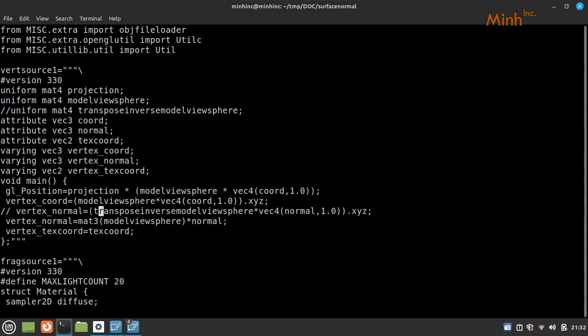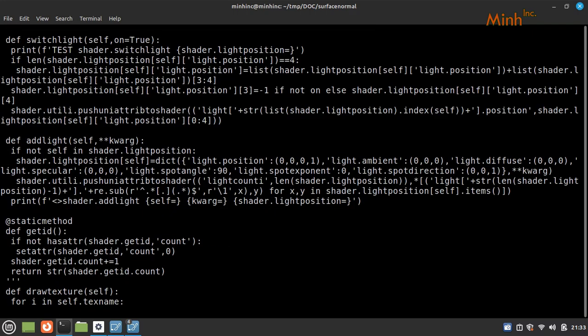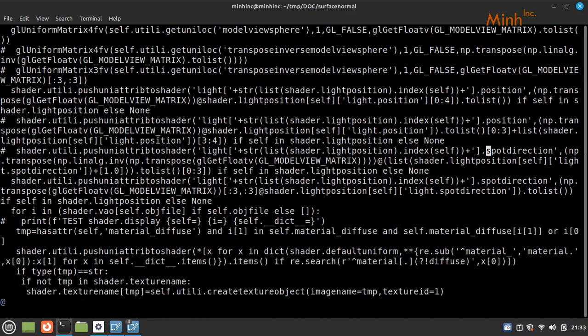Can we see this? Mat3. Whatever model view transformation we are receiving for the vertex, the vertex is transformed by the model view, and the same we do, we just take out the top three. And for the spot direction in the Python code, whatever we do, we transpose anyway because OpenGL stores in a different way.